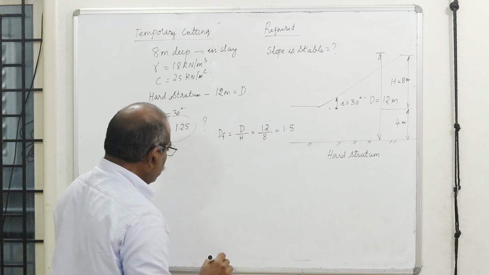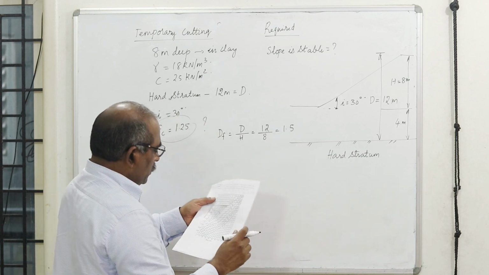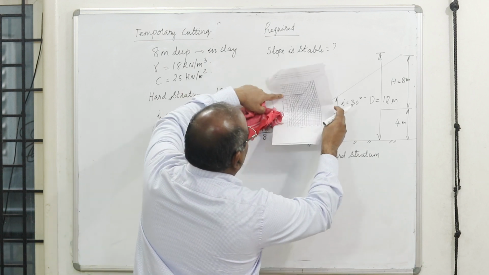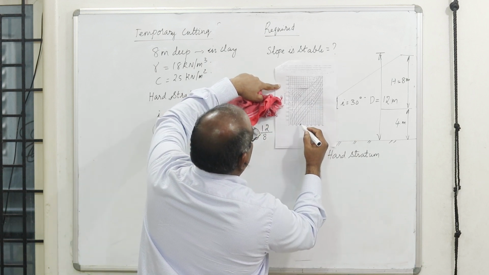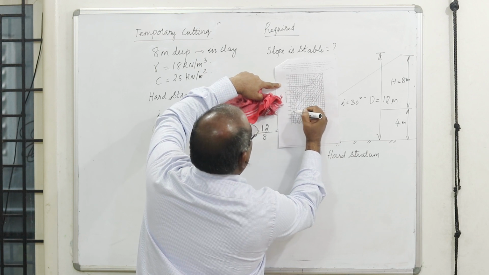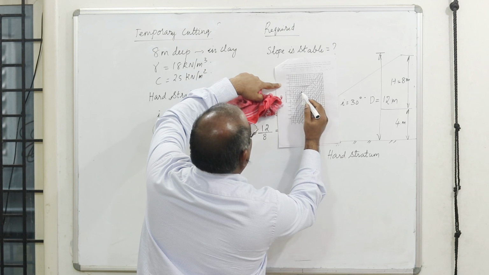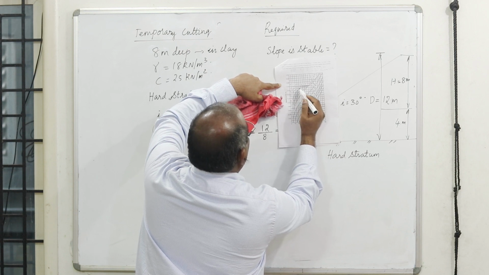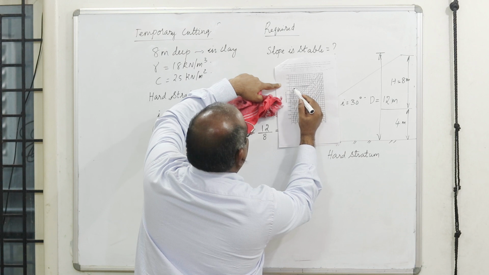Now from the chart, I think all of you can see this. For angle 30 degrees and DF equal to 1.5. This is 1, this is 1.2, 1.5, DF equal to 2, DF equal to 3, and DF equal to 4.